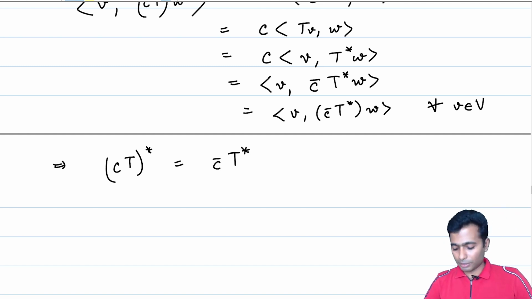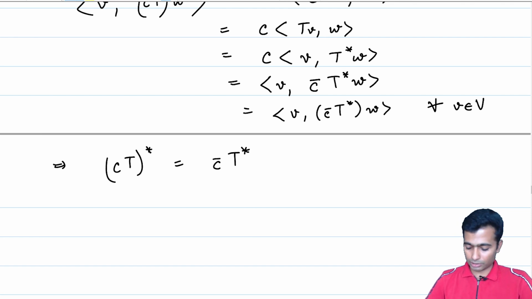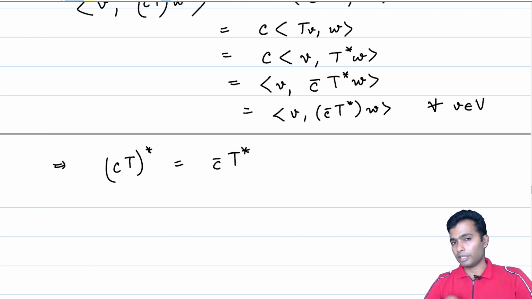I am skipping one step. This helps us conclude that (CT) star of W is C bar T star W for all W, and therefore, as linear transformations, (CT) star is equal to C bar times T star.